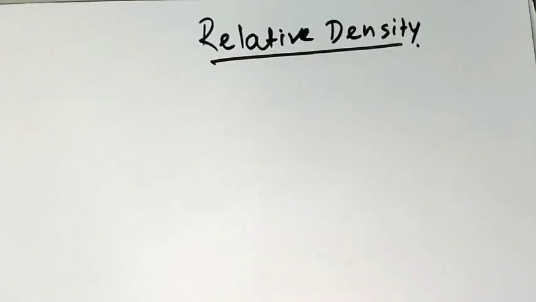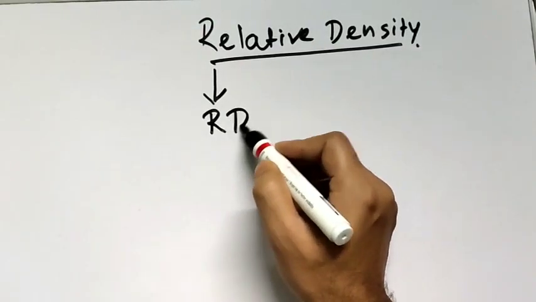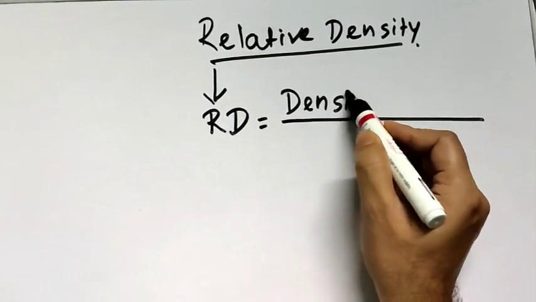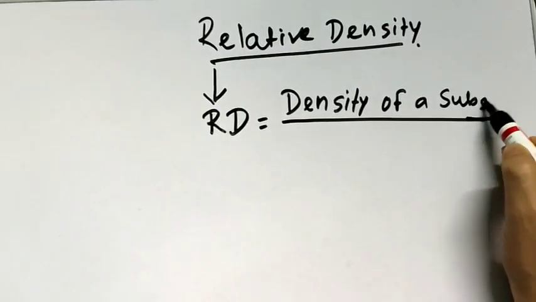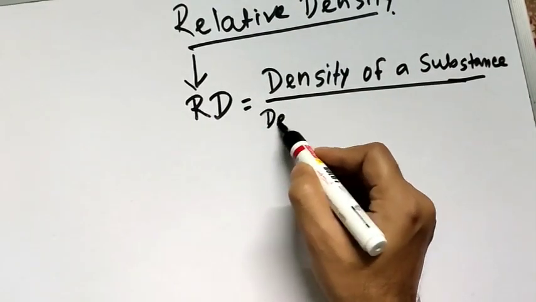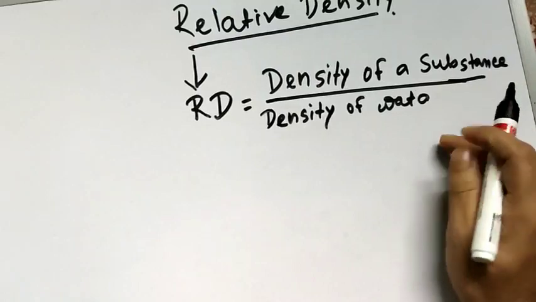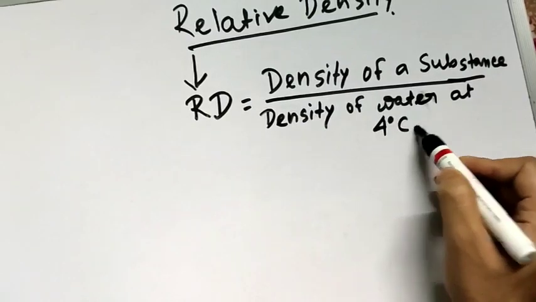Okay, so now our next topic is relative density. As the name suggests, relative, that means it is going to be some ratio. Now let's see what is the ratio. If relative density is represented as RD, this is the ratio of the density of any unknown substance by the density of water at 4 degree centigrade.